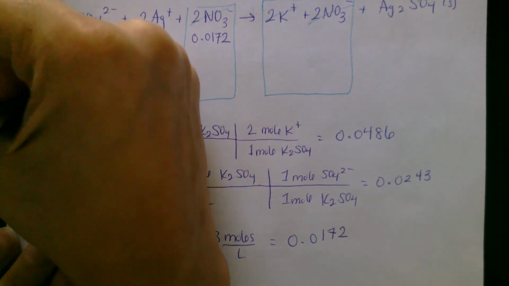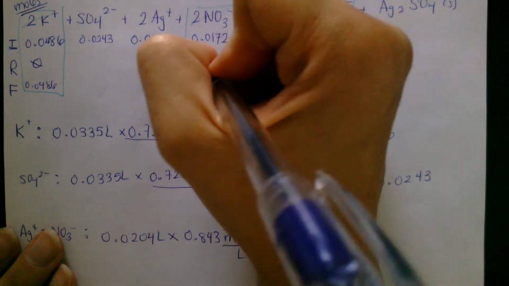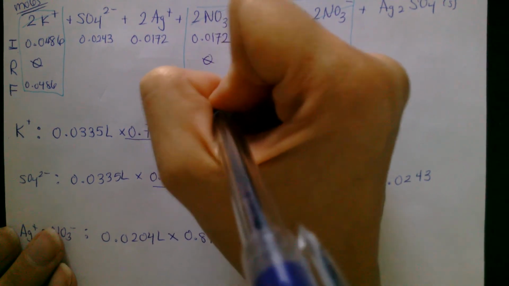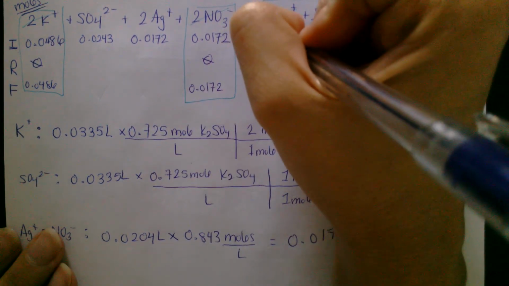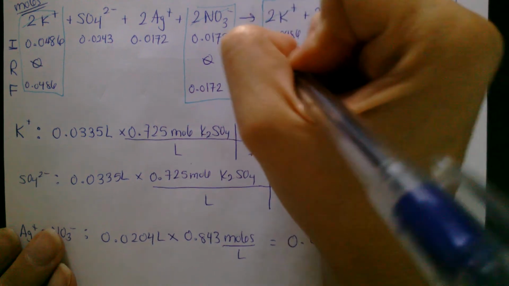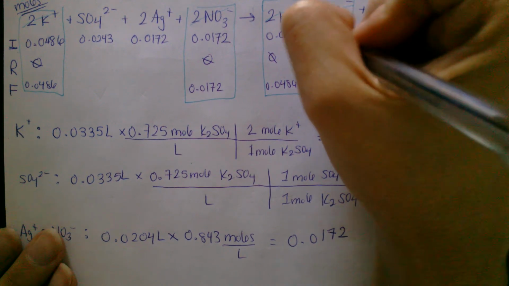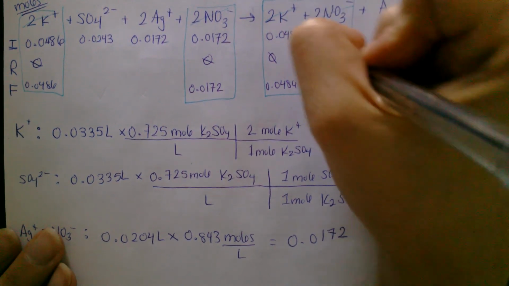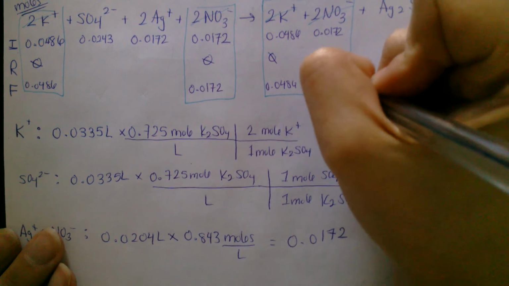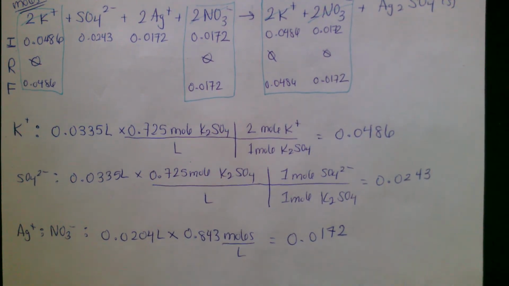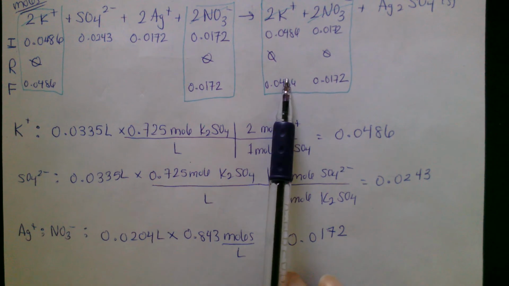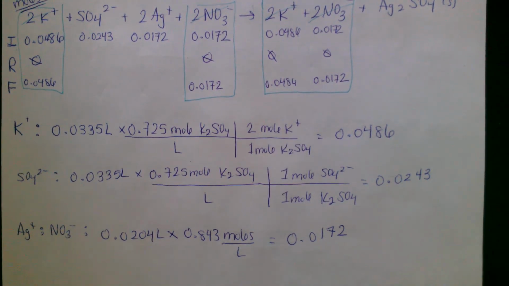Potassium is 0.0486, nothing happened, and the nitrate is 0.0172, nothing happened. Once we find the spectators, we can fill out their chart. Nothing happens in the reaction. Whatever you have initially is what you have in the final, nothing about it changes, so we just populate that in.